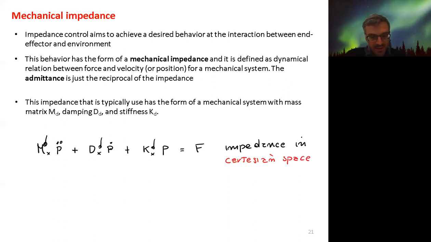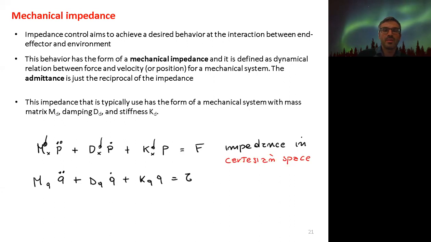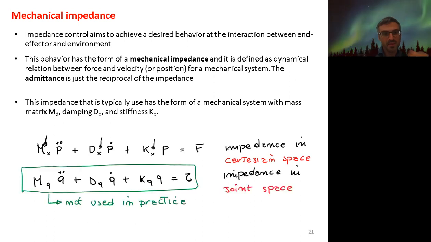The choice of these impedance parameters, MD, DD, and KXD, usually comes from a trade-off between how accurately we want to track our reference position and how high the contact forces are that we allow in the system. And this is the expression where we have the impedance defined at the joint level. As I said, this is not really used in practice.